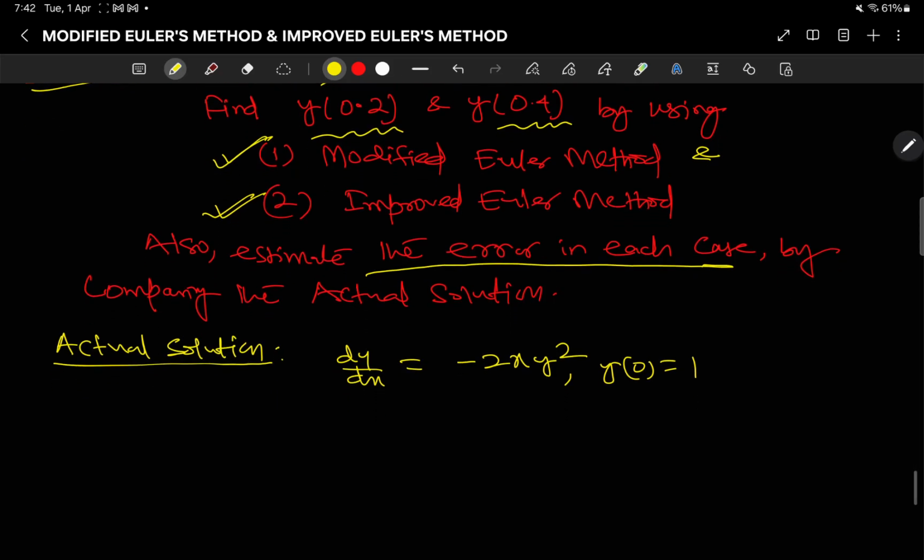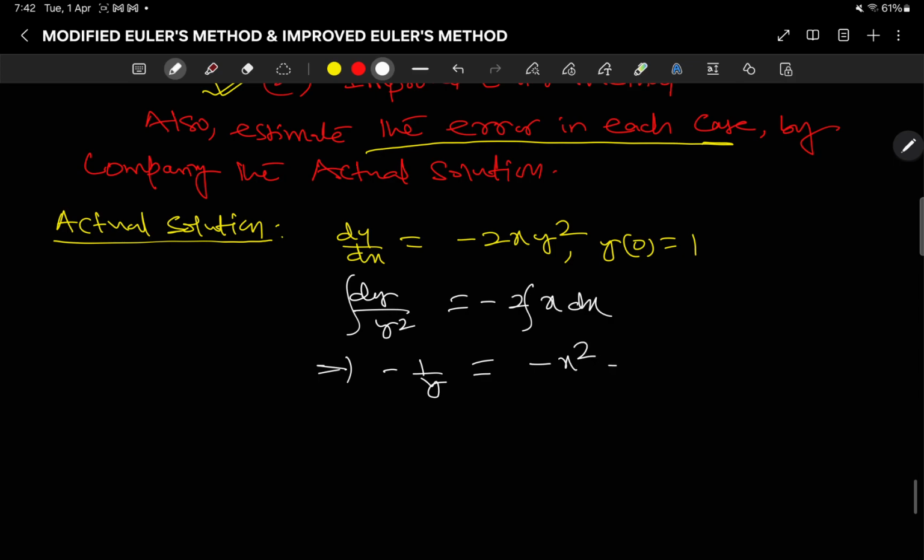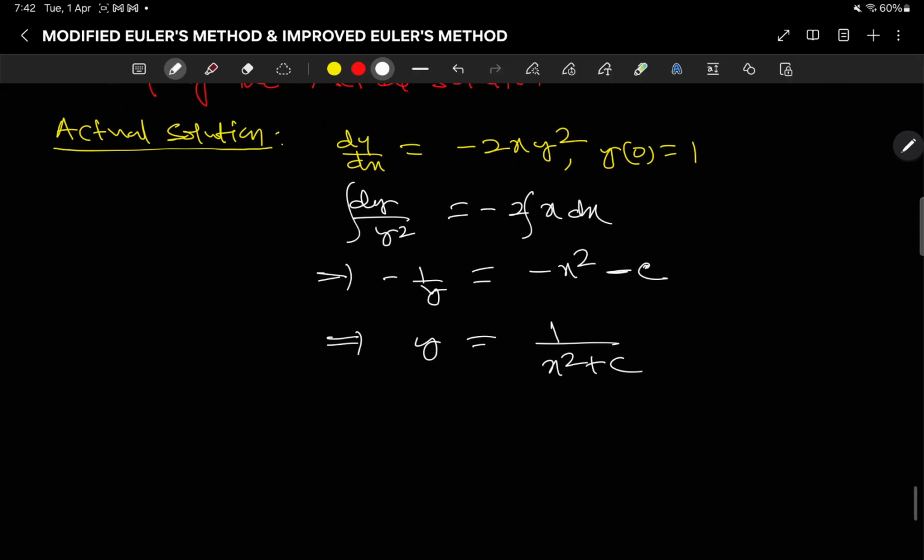Coming to the actual solution, your dy/y² is minus 2x dx. If you integrate it, minus 1/y is minus x². Let me take the constant as minus c. So my y is equal to 1/(x² + c). Now y(0) is equal to 1, so 1 is equal to 1/c, which implies c is equal to 1.